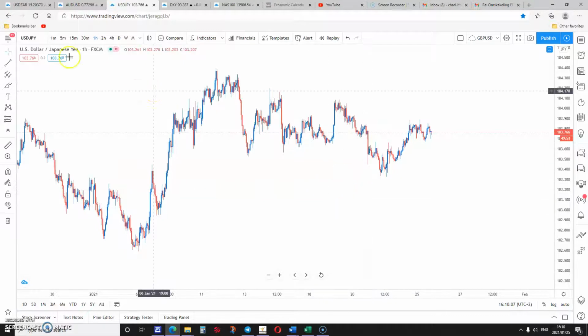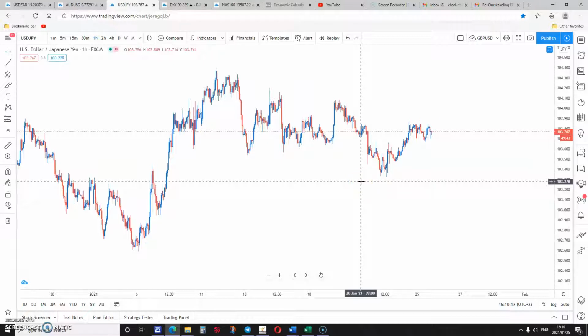Let's do a quick one on the lower time frames because you can do this on any higher time frames. Usually, a good way to analyze is from top down, so monthly, weekly, daily. But if you're a day trader, you don't really have to look at monthly. You can start from a weekly point of view.